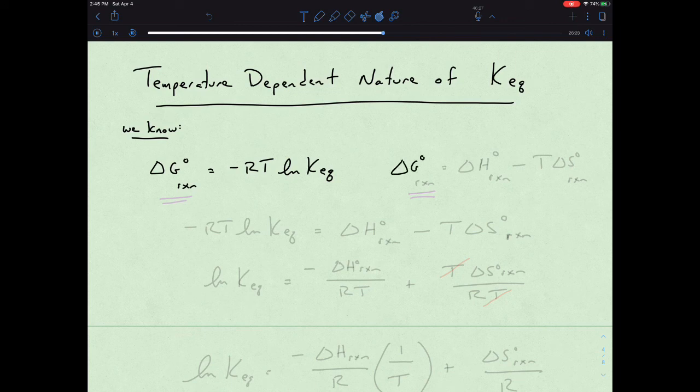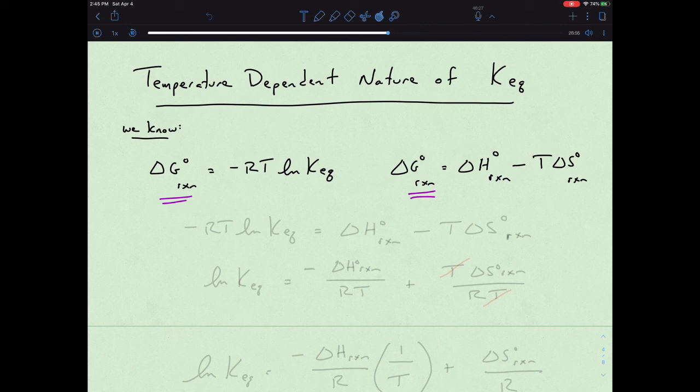We also know from the Gibbs free energy expression that our delta G of reaction is also equal to delta H, or enthalpy, minus T delta S, or our temperature and entropy of reaction. So realize that these are the same thing. We have delta G of reaction on the left, and we have delta G of reaction on the right.